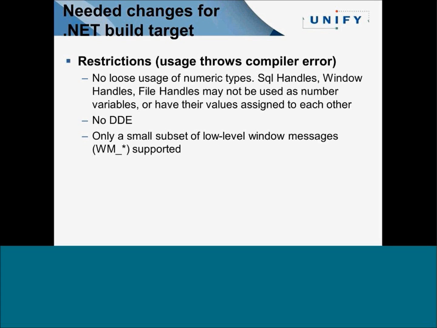So it's pretty nice, because you don't have to talk about variable types. In the past, you could have a loose usage of numeric types, SQL handles, window handles, file handles, and so on, because sometimes they are text, sometimes they are numbers, and you can reuse them as a number variable.